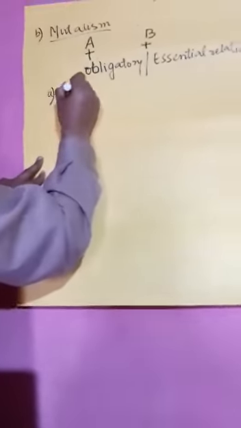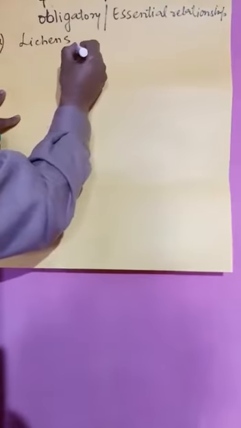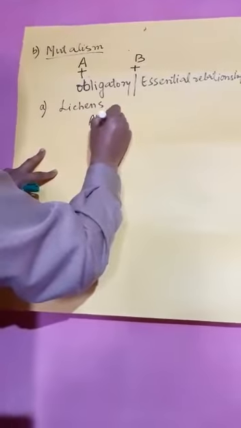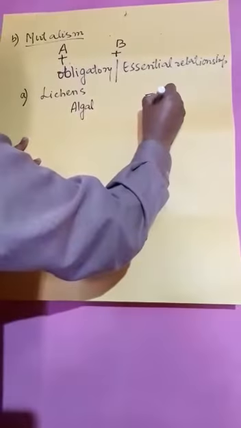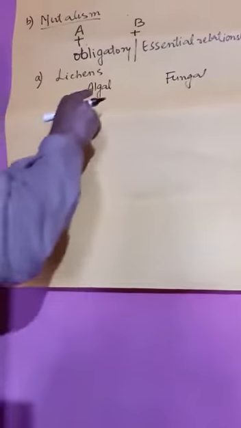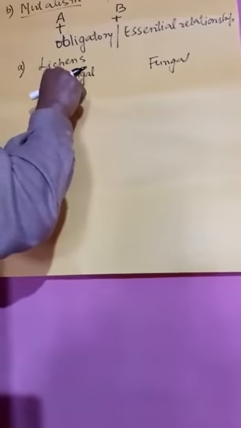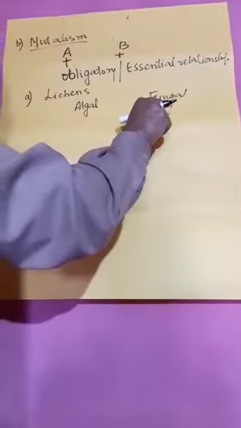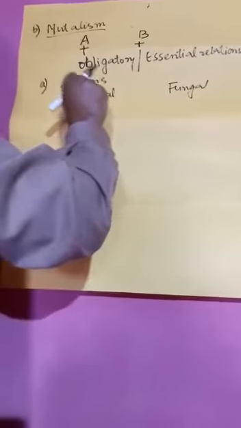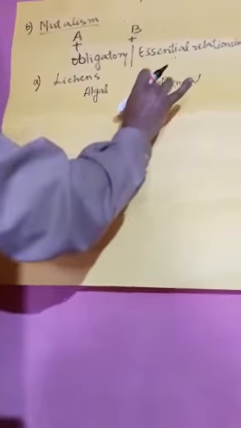First one, that is the lichens. You must have heard the name. In lichen, what do we see? There is an association between two different varieties. One is the algal part, the second one is the fungal part. The alga is found in the center of this lichen, where this alga prepares the food for the fungal, and this fungus provides it the raw materials for preparing the food. So both of them get benefited.